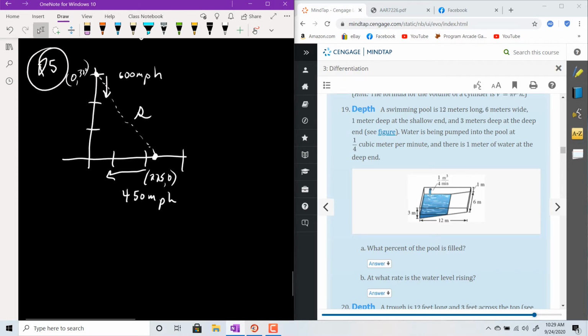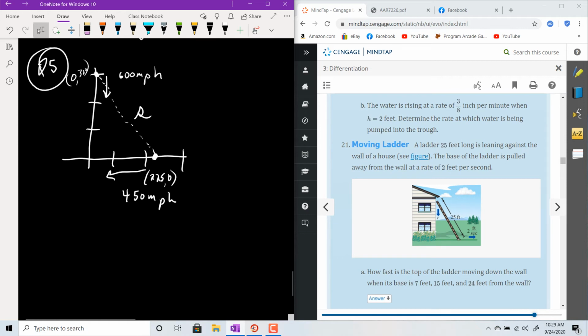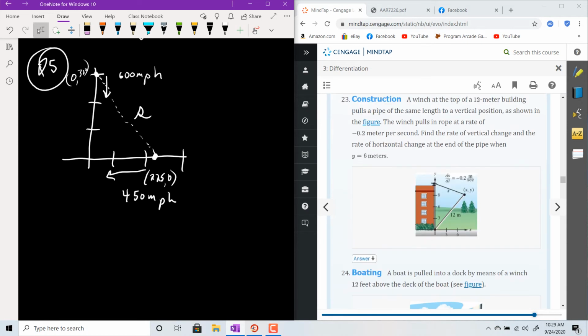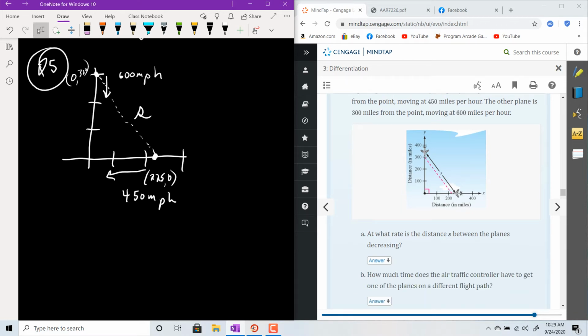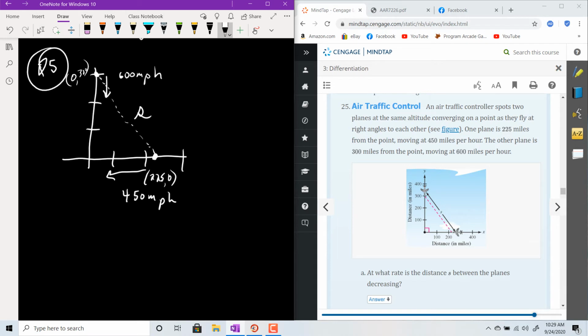So part A, let me find where I am in the book here. It's this problem. Part A, at what rate is the distance S between the planes decreasing? So we need to do a related rates type thing. There's an x, there's a y, and then there's an s. So the Pythagorean theorem says that s squared is equal to x squared plus y squared.